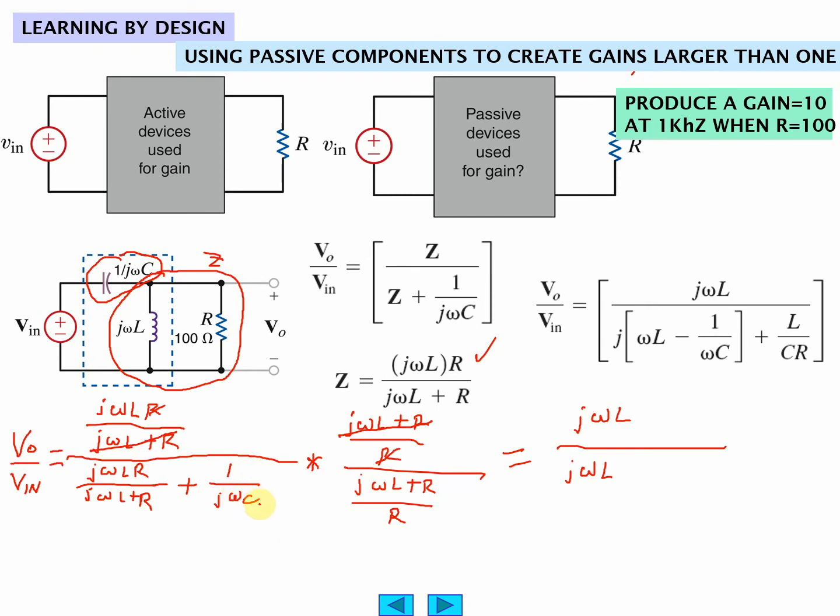You'll have L over C as a real number. When you multiply this times 1 over j omega C, you'll get an L over C and an L over CR.